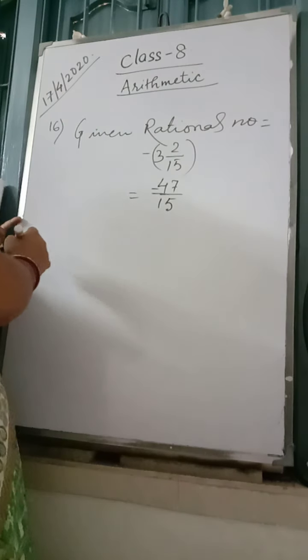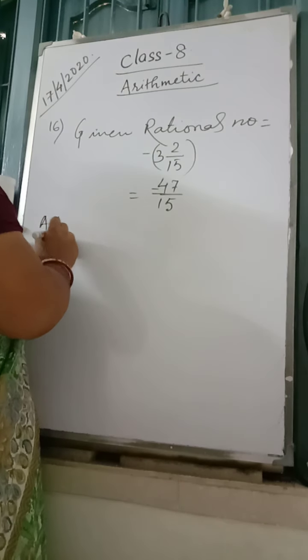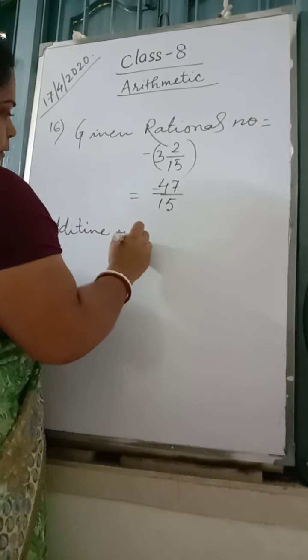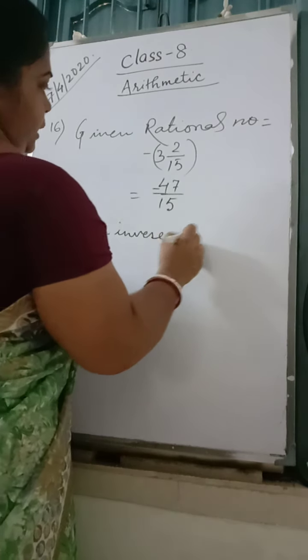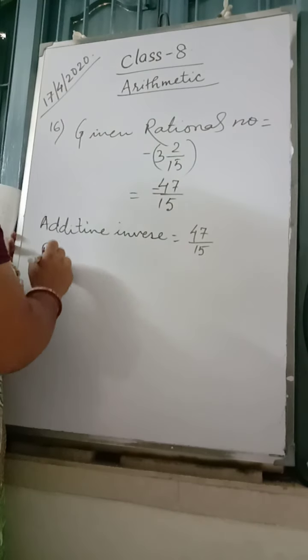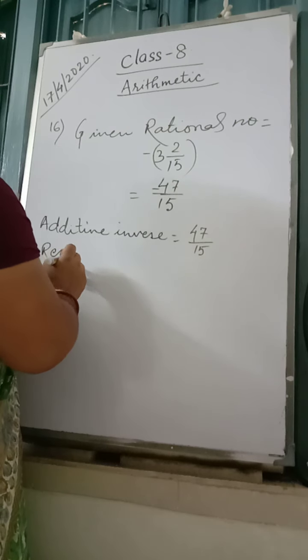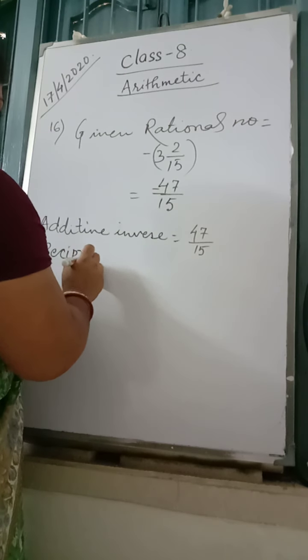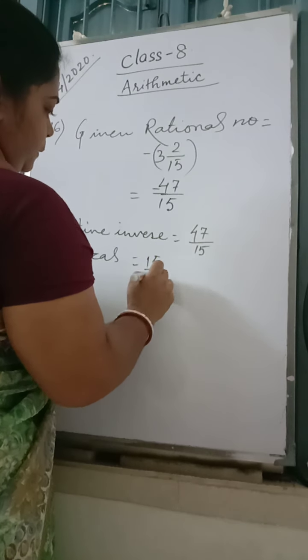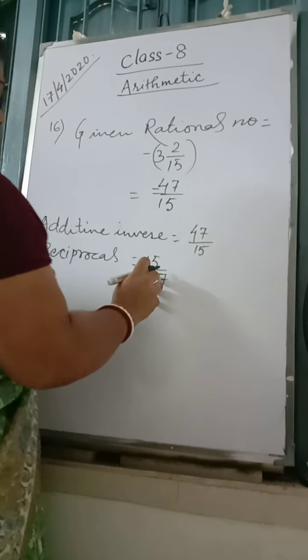So what will be the additive inverse? Additive inverse is equal to 47 by 15, and the reciprocal is equal to 15 by minus 47.